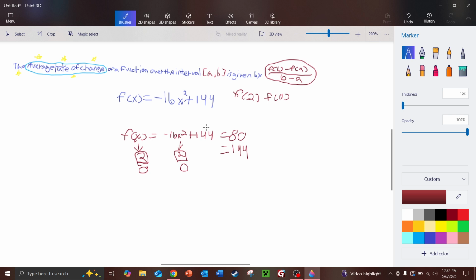Now we're gonna substitute the values into the average rate of change formula.